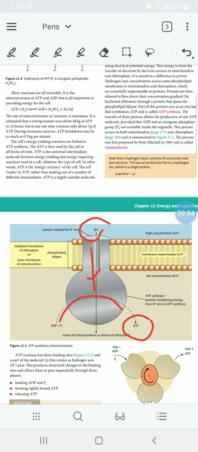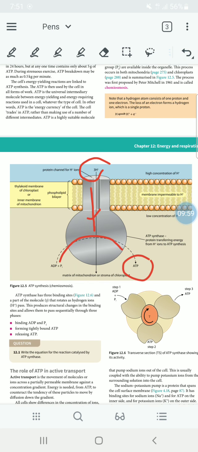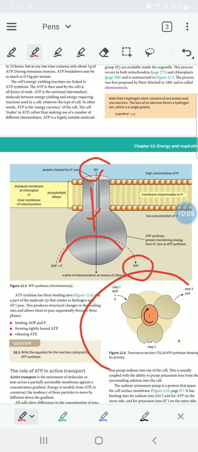ATP synthase has 3 binding sites, as you can see here in figure 12.6 in this diagram. And a part of the molecule rotates as hydrogen ions pass.